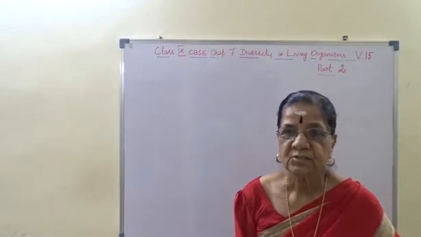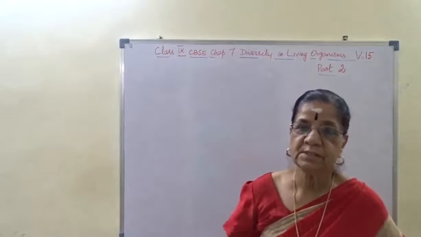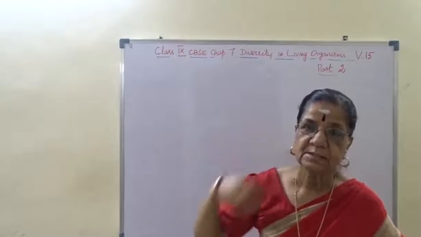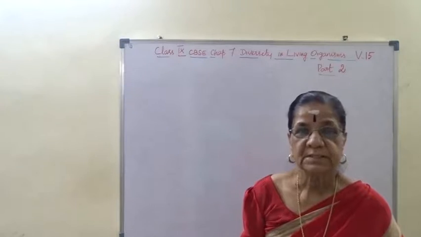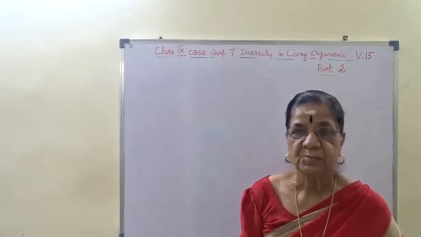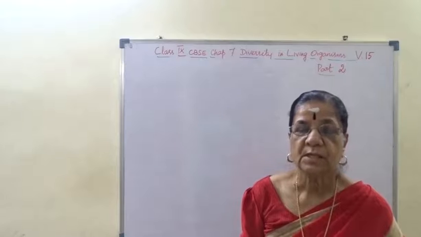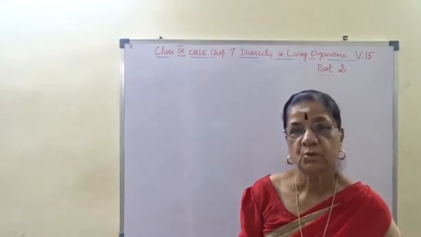There is a small correction: video numbers 14 and 15 are not a revision of your exam that you have written. We are just continuing the lesson, chapter 7, diversity of living organisms, as video 14, 15, and so on.